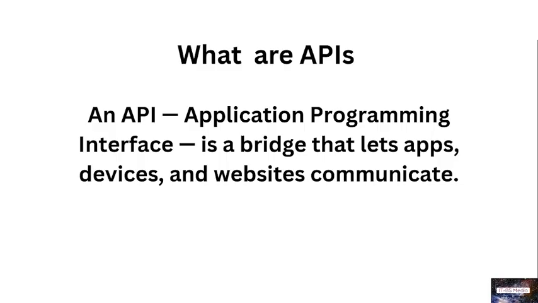So when you send a request to the server or to an application, the request has to be transported and delivered to the endpoint, or the server that will process the request and send back the response.